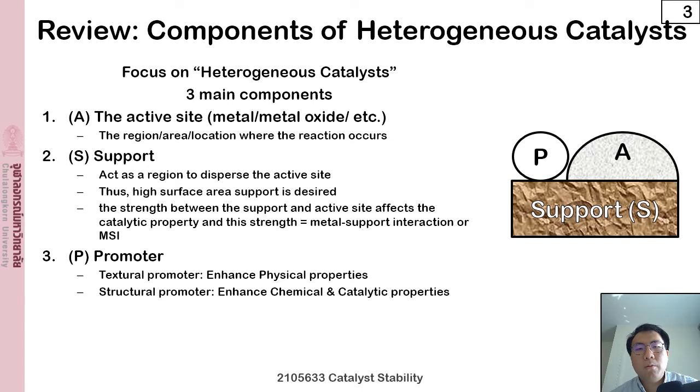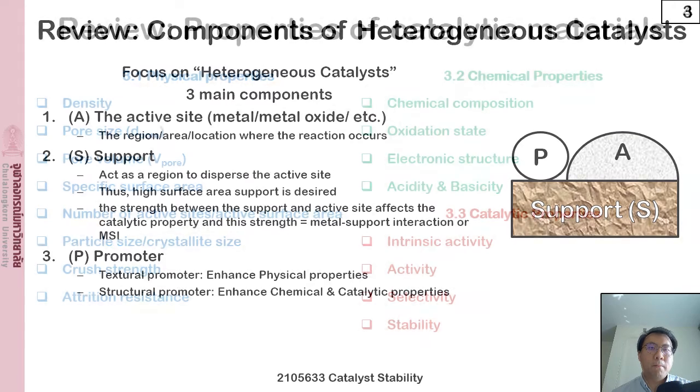The textural promoter will enhance the physical properties after you add it to the catalyst, but the structural promoter will enhance both the chemical and catalytic properties. After we have mentioned all the components of the heterogeneous catalyst in the last lecture, we then went through each property of the catalyst, right? So I would like to review these properties again.